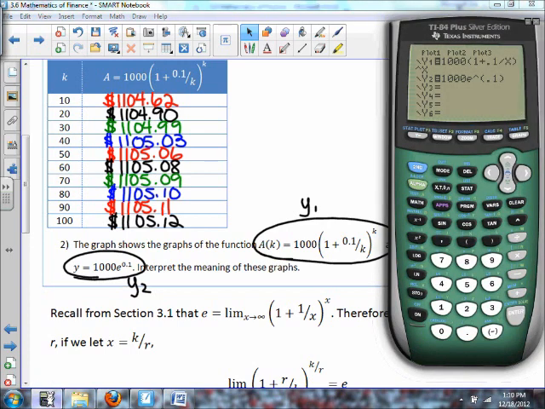Now, the window that I would use, I would go 0 to 50, go up by tens, and I go 1,100 to 1107, and go up by ones. If you graph that, you get something that should look like this.